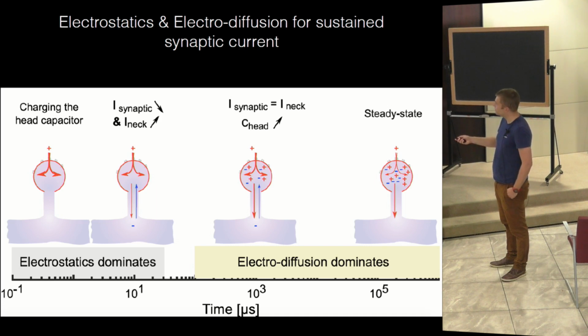Here the current is positive in one sense and negative in the other, meaning that you need less positive charge exiting compared to the positive charge that enters. Because this is equal to this, but here you have plus and minus, here you have only plus. So typically, to simplify, if you have an equal mobility of positive and negative charge, half of these positive ions are going to stay in the head.